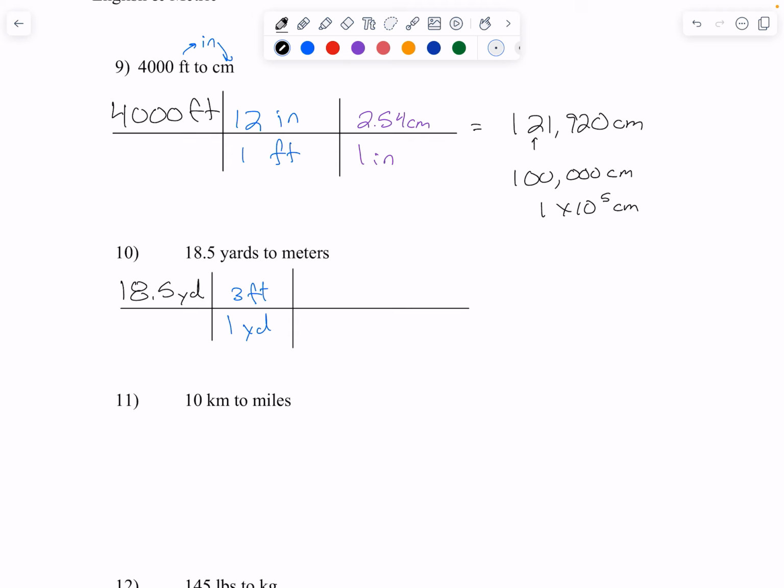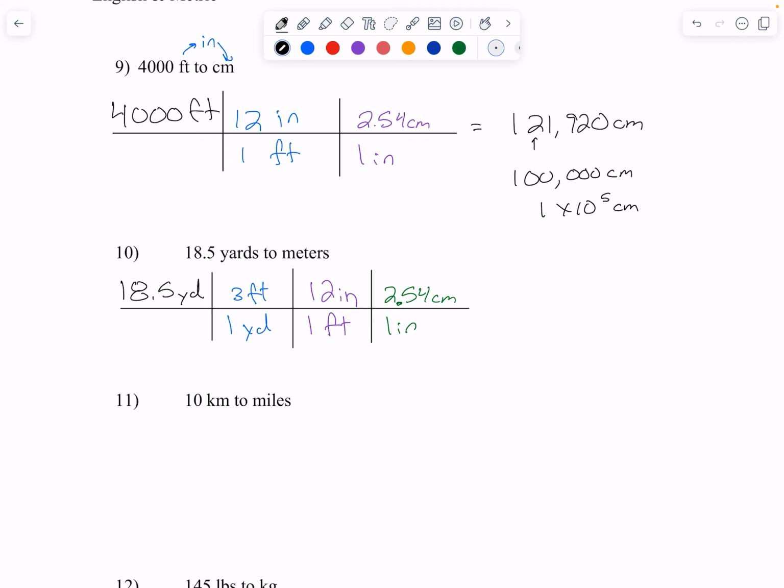And then I know from above that 1 foot is 12 inches. All right. And then I know that 1 inch is 2.54 centimeters. Did it right that time.